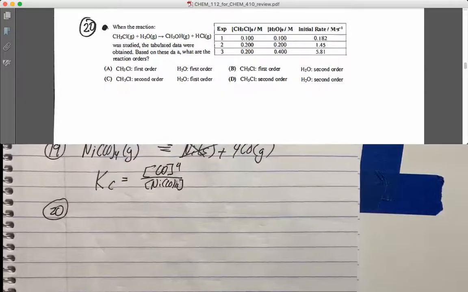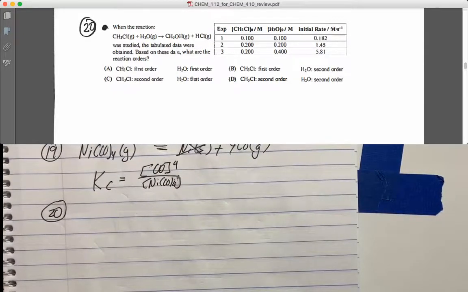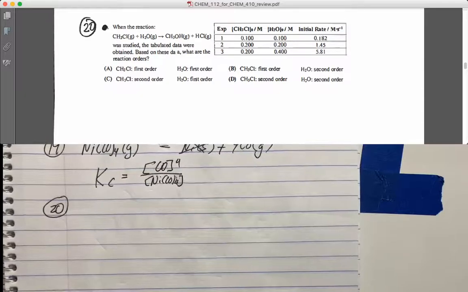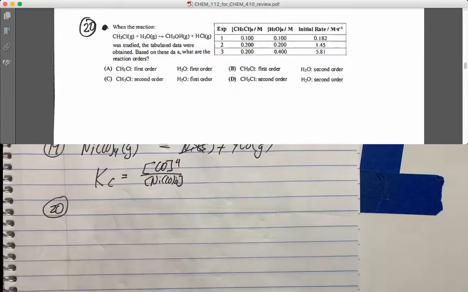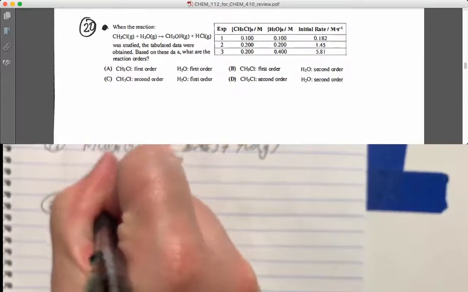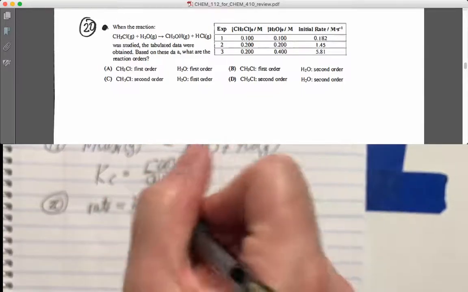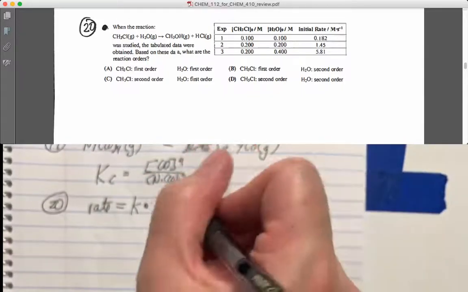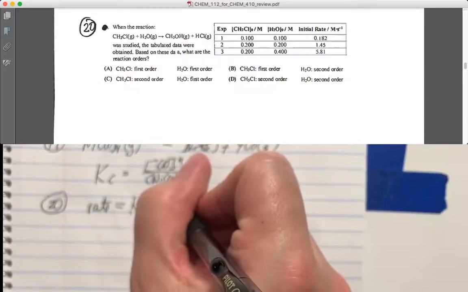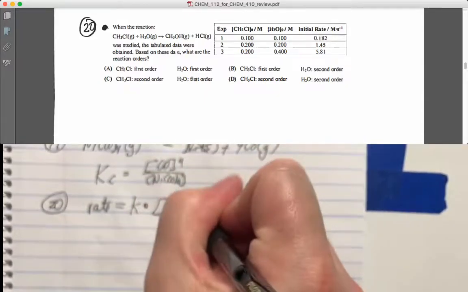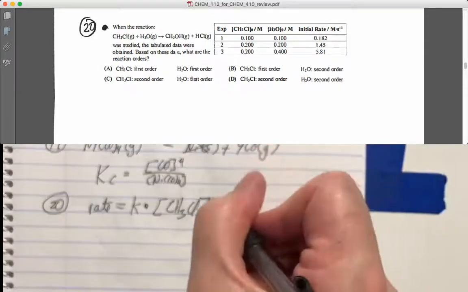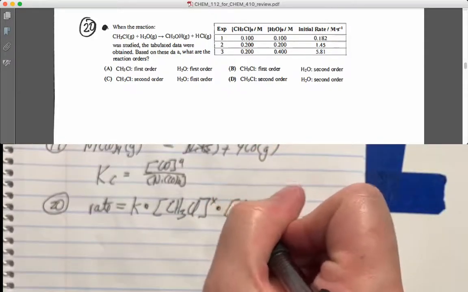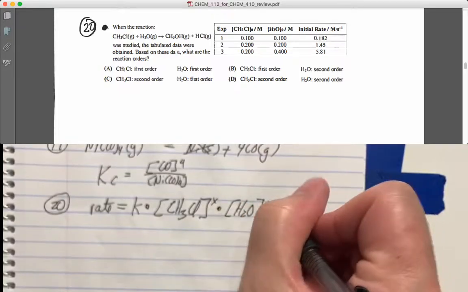All right, let's look at problem 20 here. For this reaction, we're given initial concentrations, we're given initial rate data. And so this rate is equal to some rate constant k times the concentration of CH3Cl to some power, which is what we're trying to figure out, and water to some other power.